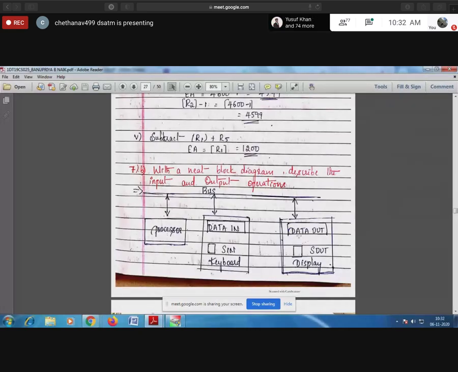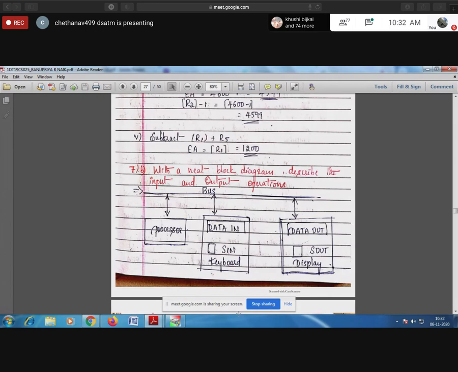When the data out register has the data A, the SOUT bit will be enabled to 1. Instead it was 0, now it has been changed to 1, so that the display device will display the A. As soon as the data is displayed, by default SOUT becomes 0 again. That's what you have to explain for input output operations.